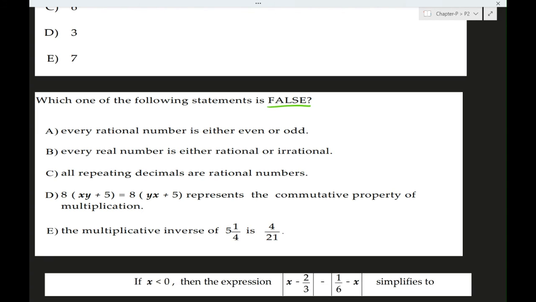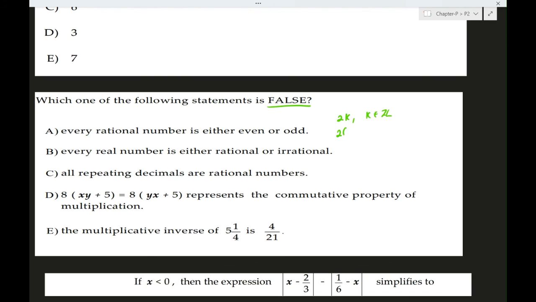So what are even numbers? Even numbers are any numbers you can write as a multiple of 2, right? And so any number you can write as 2 times k, where k is an integer, we say that number is even.